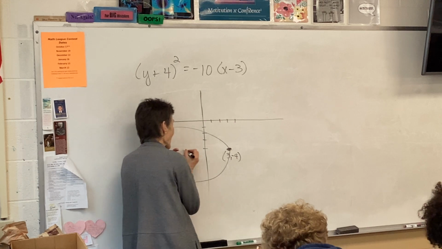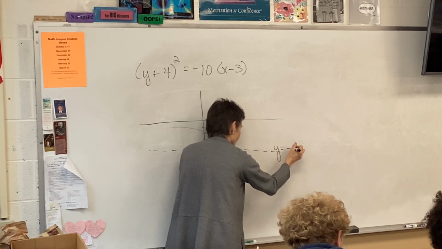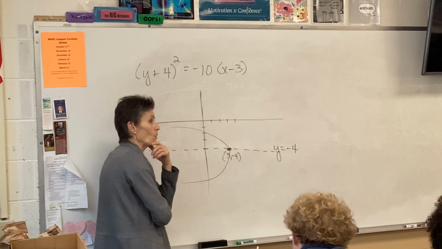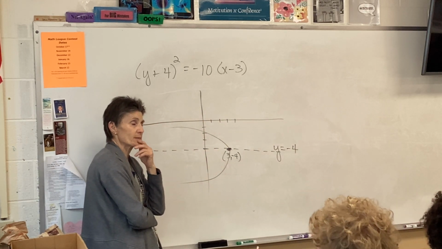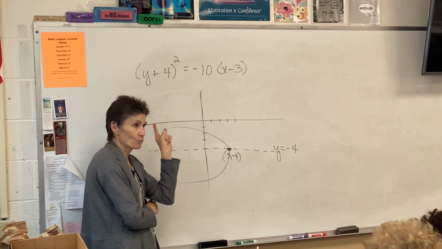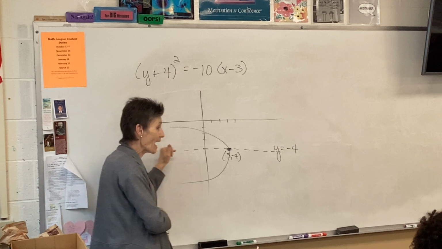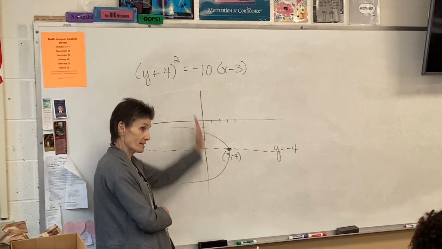What is your axis of symmetry? Y equals -4. One more time. Draw it. Which axis does it cross? Which axis is this?